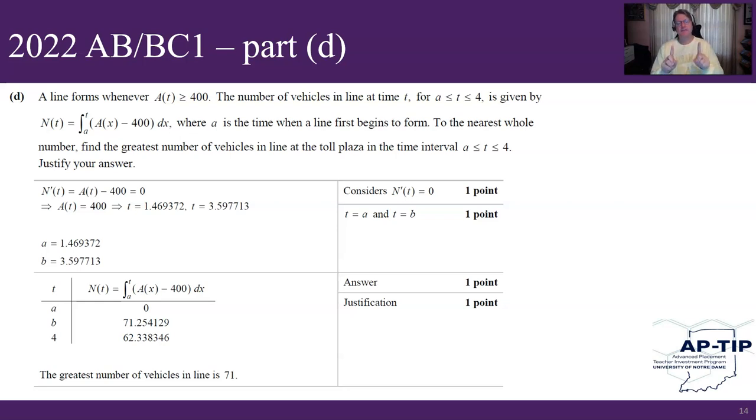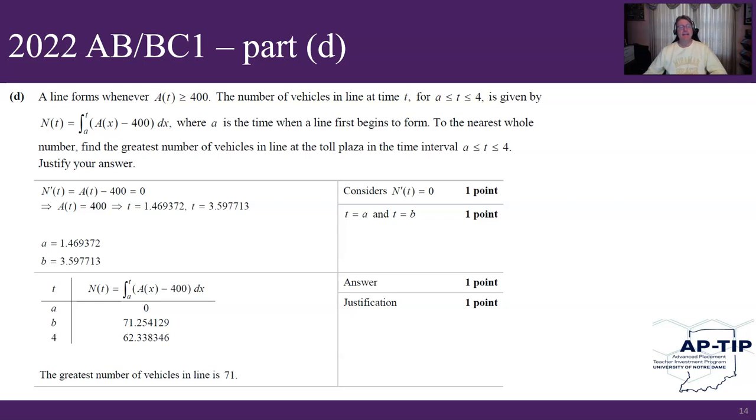There is a way that the student could earn credit for that, and we're going to talk about that later. But by and large, this is going to be, in my opinion, the easiest way to earn the point, by setting up this table of values. And we would use the A and the B that we found, our two critical values. And of course, we have to use the right endpoint of 4 in this case.